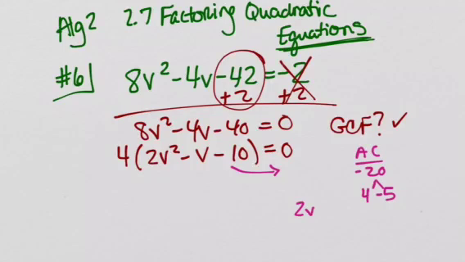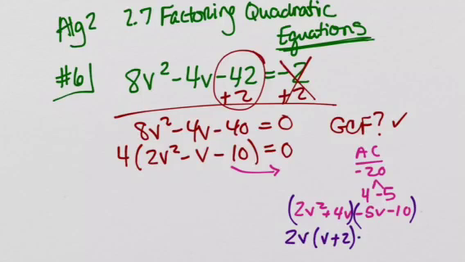So I'm going to have 2v squared plus 4v minus 5v minus 10. Throw in my parentheses here for factor by grouping. 2v(v plus 2) and negative 5(v plus 2).